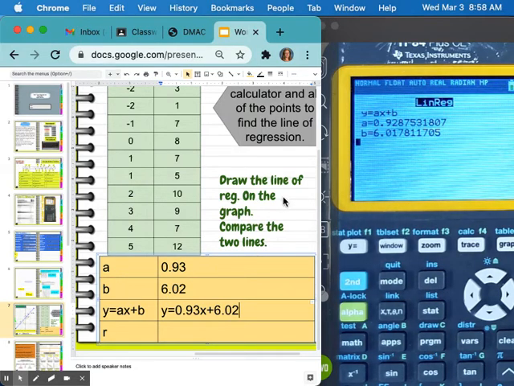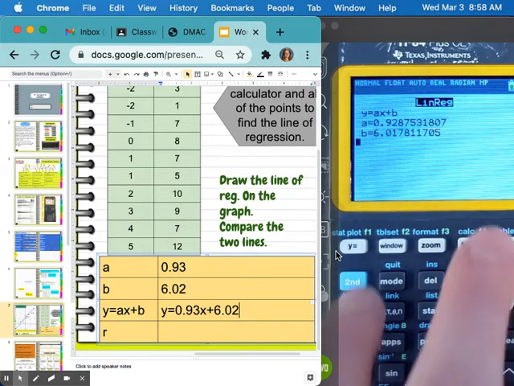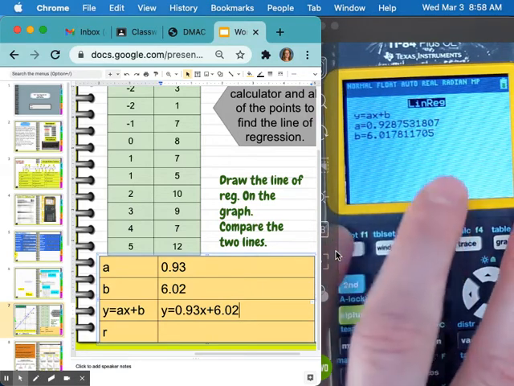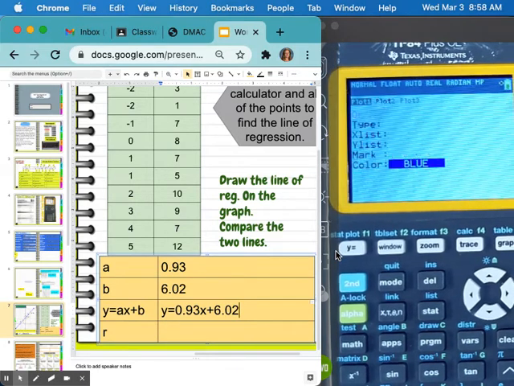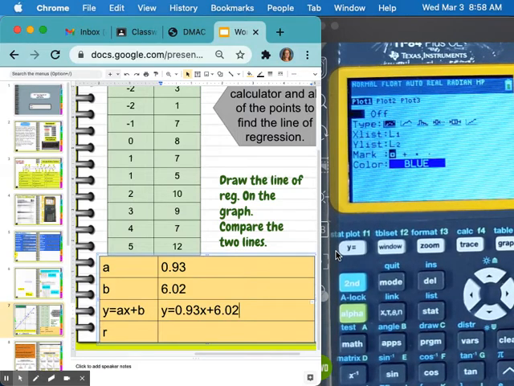All right, let's graph this. So go to second y equals for stat plot. We're reviewing all those steps from yesterday. We want to turn that plot on. If plot 2 is on, turn that off.